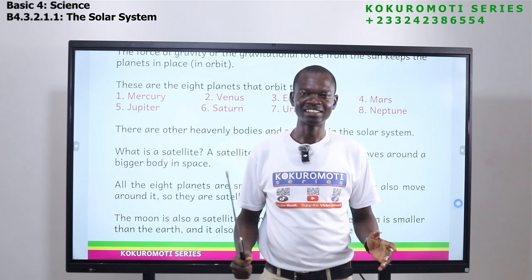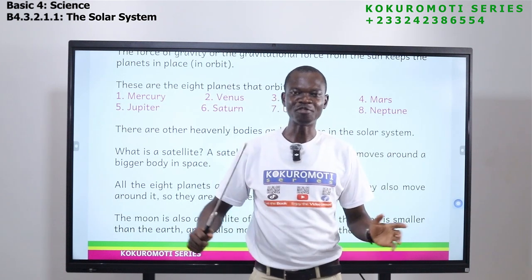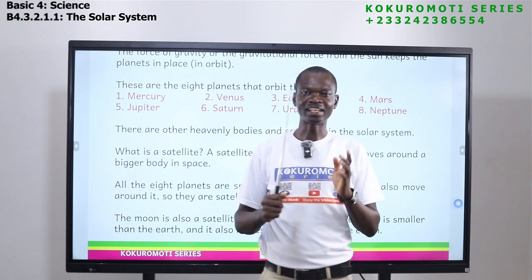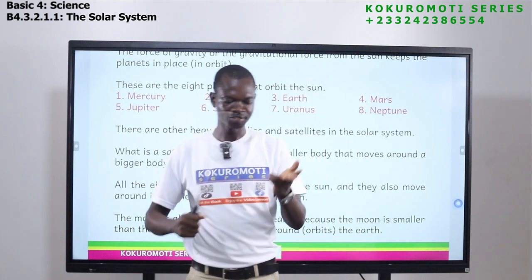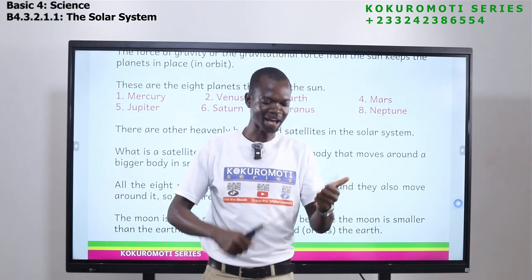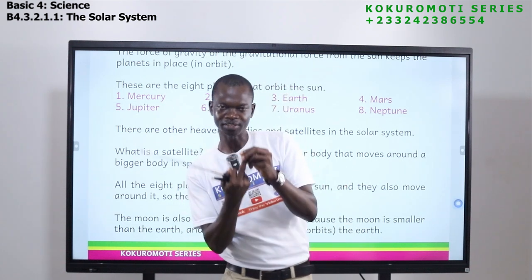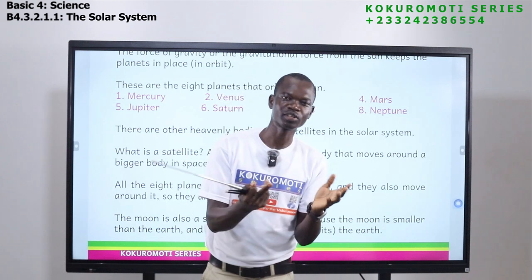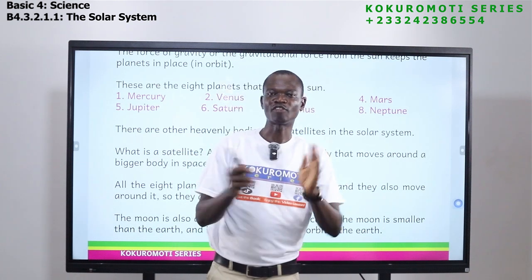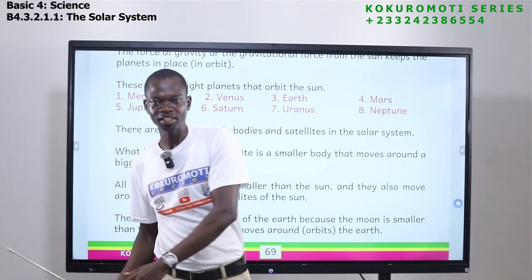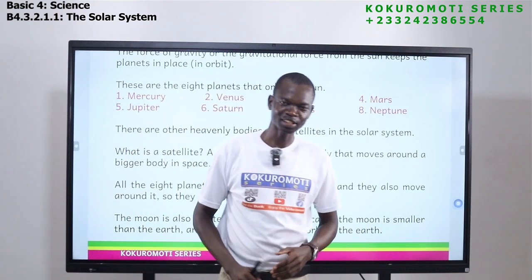The sun is at the center, and we have the 8 planets moving around the sun. And the 8 planets are Mercury, Venus, Earth, Mars, Jupiter, Saturn, Uranus, Neptune. For you to recall these names, I have composed a song for you. We learned this in class 3. Let me sing it once again for you.